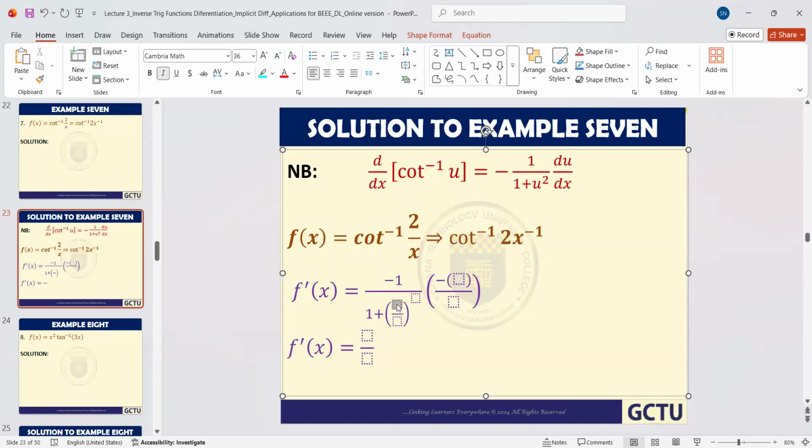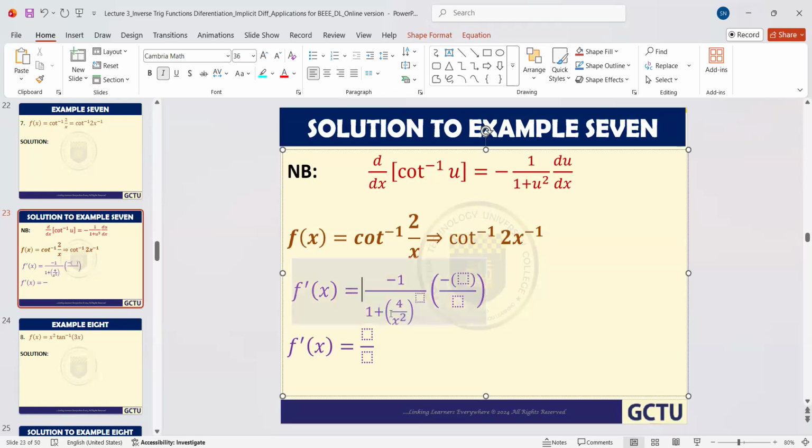Two squared is going to give me 4, isn't it? Now, x raised to the power minus 1 all squared will give me x to the power -2. So that is why x goes to the denominator.